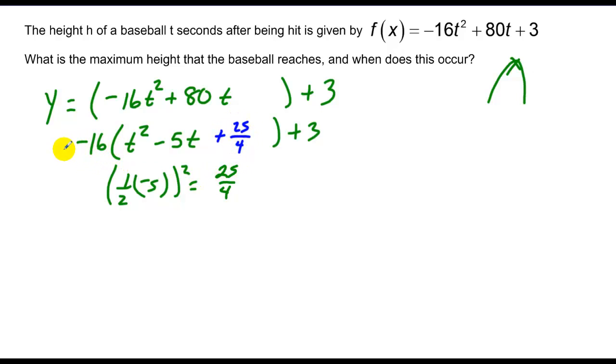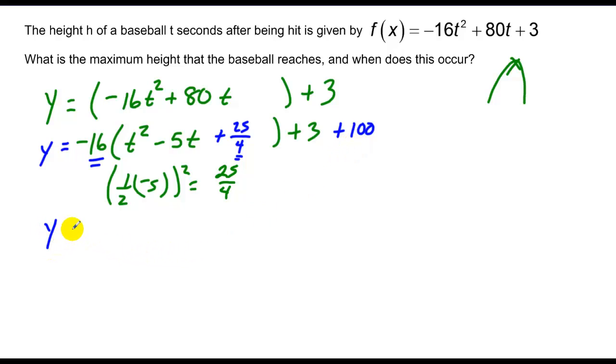But with this multiplication, 16 times 25 over 4 gets me a total of negative 100. But since I've added negative 100 because of my multiplication, I have to add positive 100 to the other side.